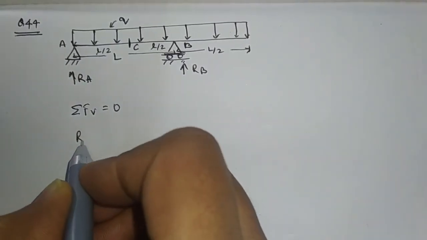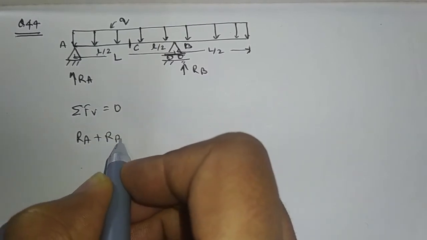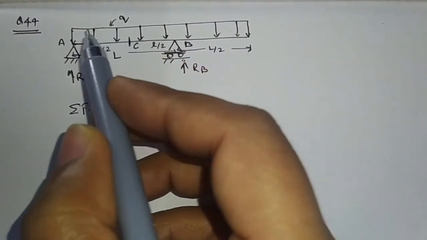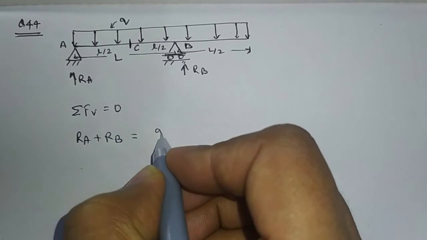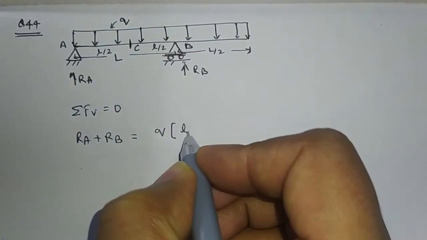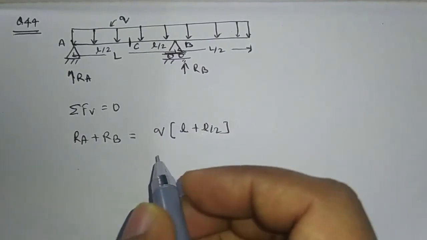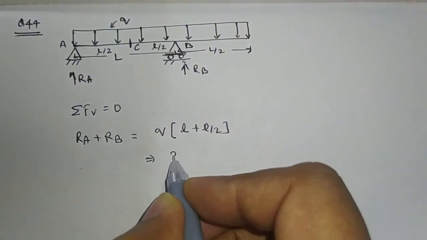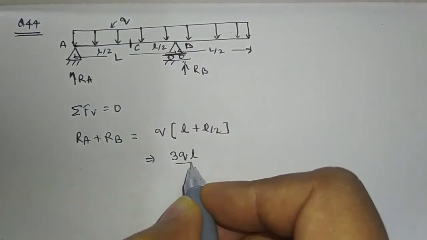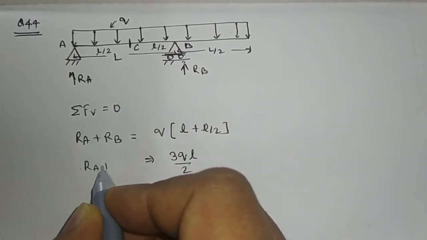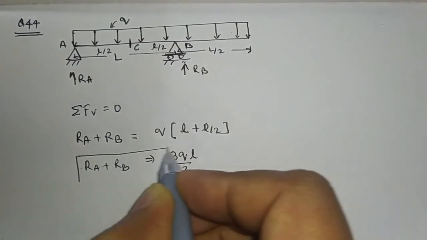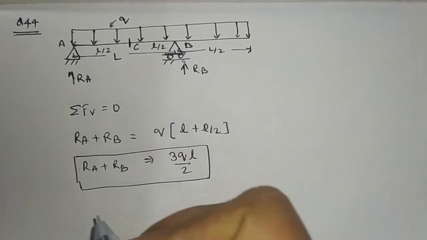So RA plus RB will be equal to the uniformly distributed load multiplied by the length 3L by 2. So we get RA plus RB equals 3QL by 2. This is the first equation.